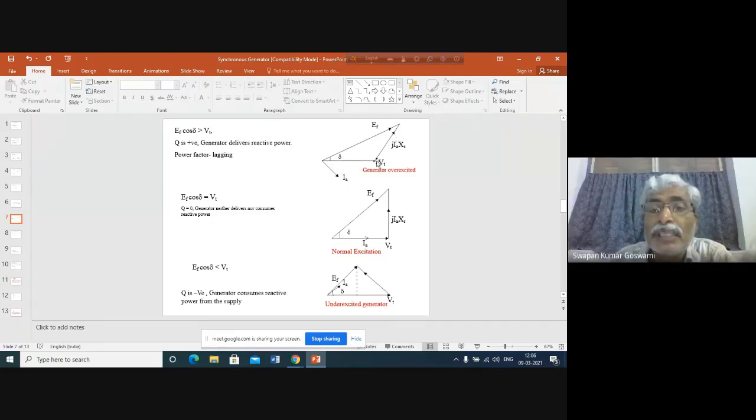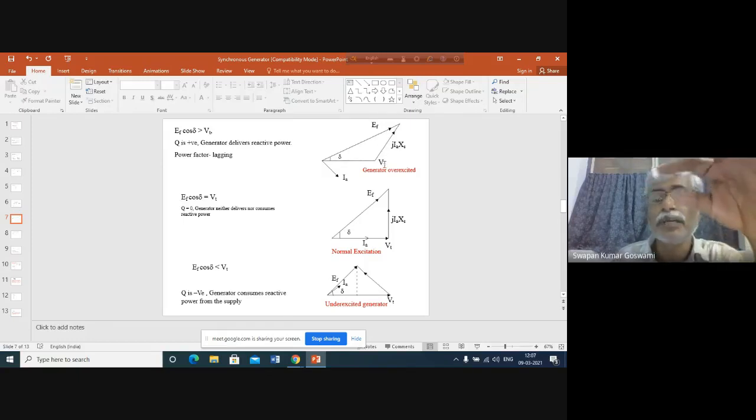What happens in this case when the excitation is more than the normal excitation? You see that this is the vector IA, the JIA axis. And what happens to IA? IA is lagging VT, because EF is leading VT. We have mentioned previously that power always flows from the internal EMF of the generator to the terminal, that is, from EF to VT, from the leading phasor to the lagging phasor.